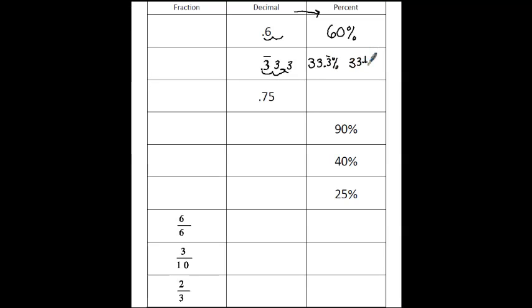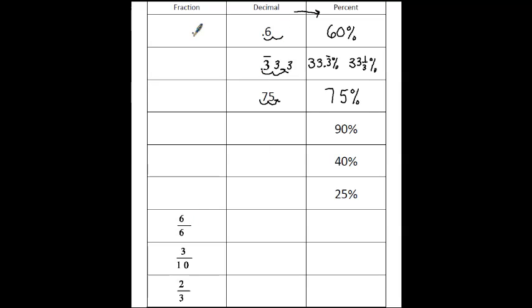This seems to come up often. We should probably remember both of those. 0.75 ends up being 75% because I move it 2 decimal places to the right. Now let's try to change those same decimals to their fractional equivalents.